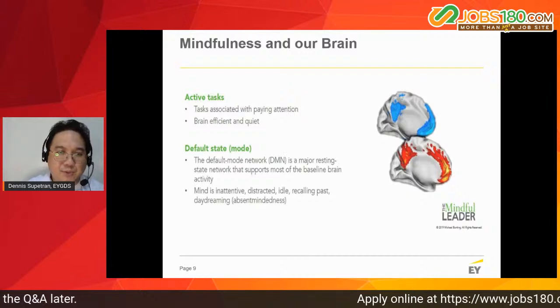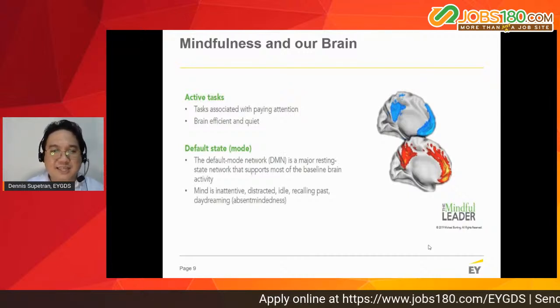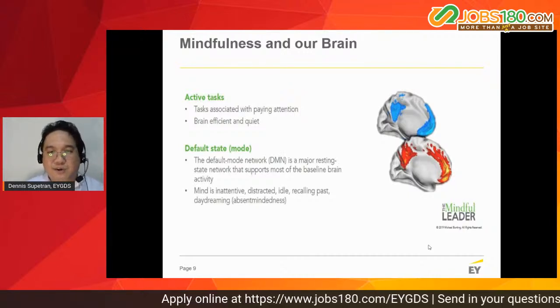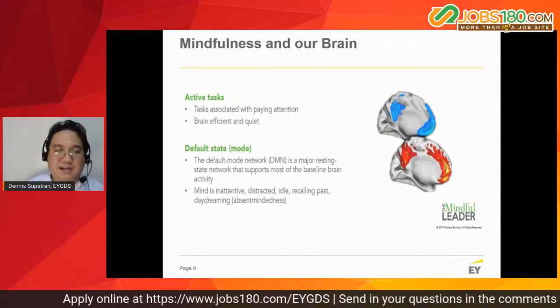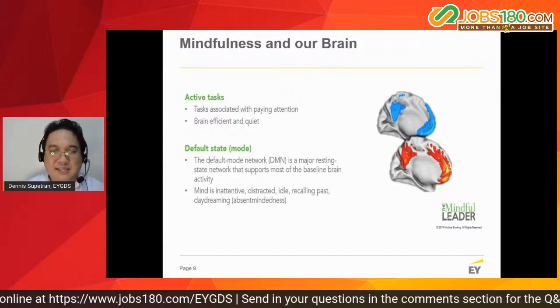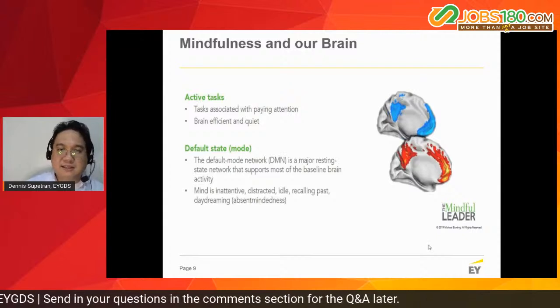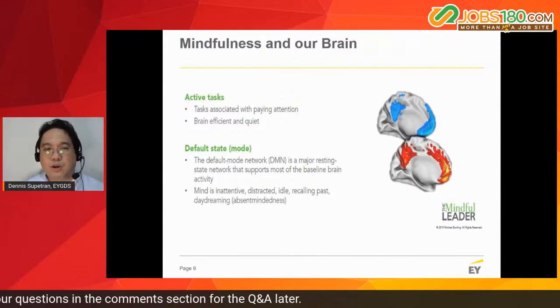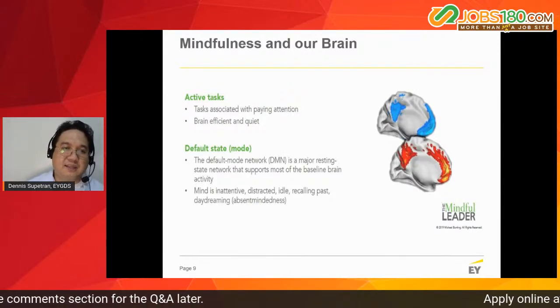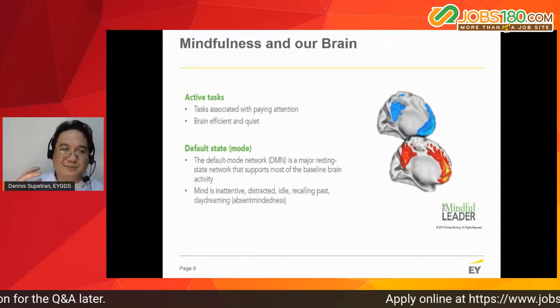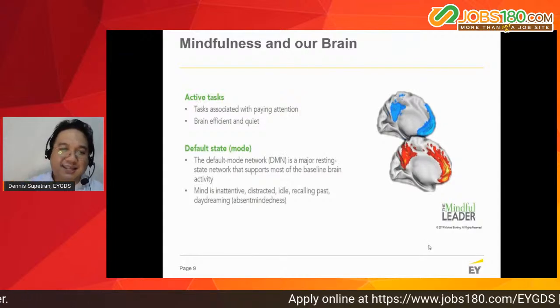So what's the problem with the default state mode? The default state is the major resting state. Oftentimes this is what the scientists and the studies, which I'll be sharing in a little bit, have associated with when we're not actively working on something, and so our brain itself is now inattentive.